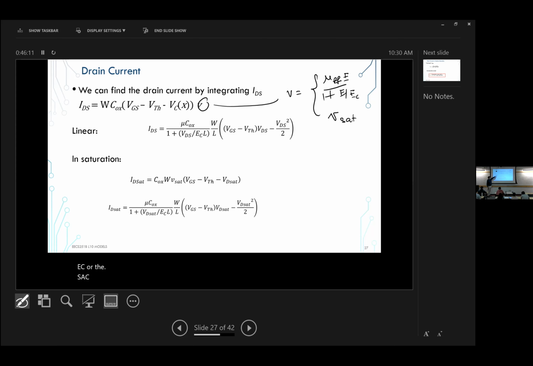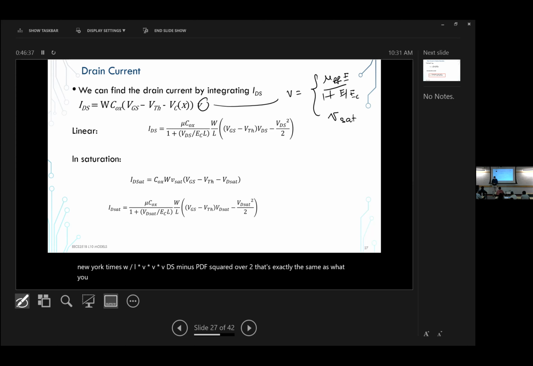By integrating that, I will end up with a slightly more complicated equation that may scare you early on, but you'll see that it's not too scary in about one slide. We're going to end up with an equation that has a familiar part: mu times W over L times VGS minus VT times VDS minus VDS squared over 2. That's exactly the same as what we had before.